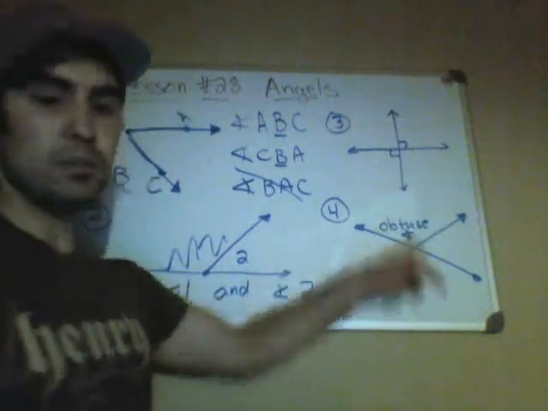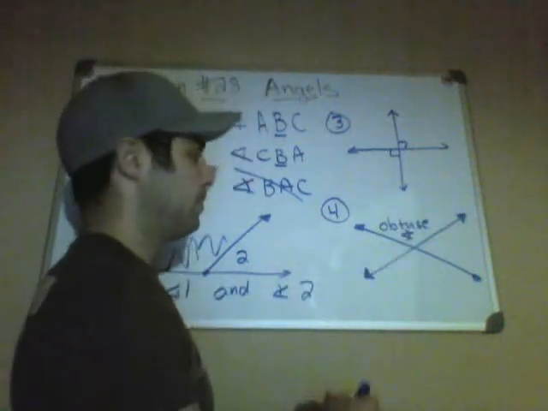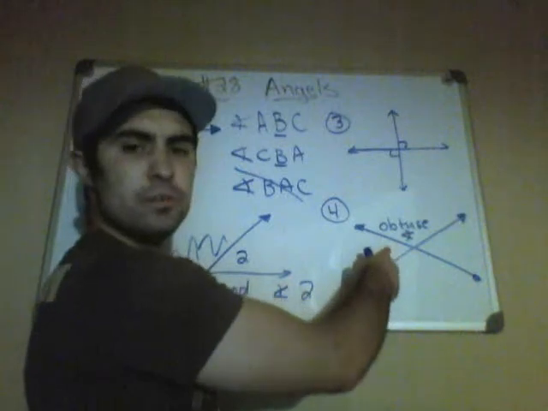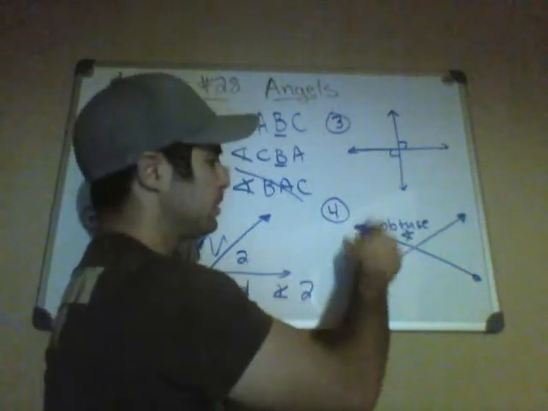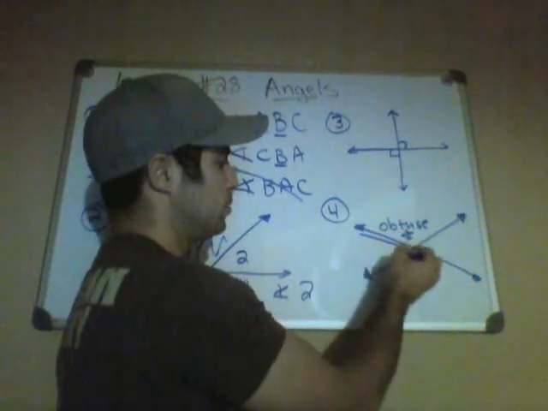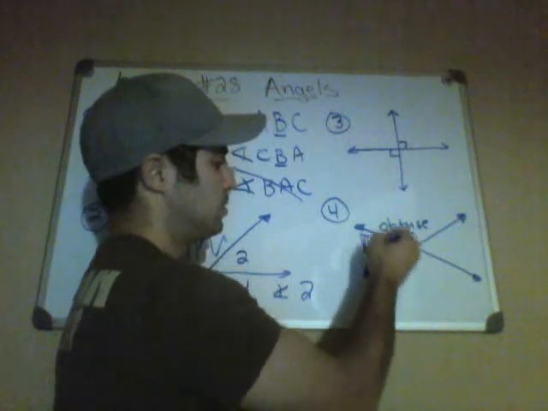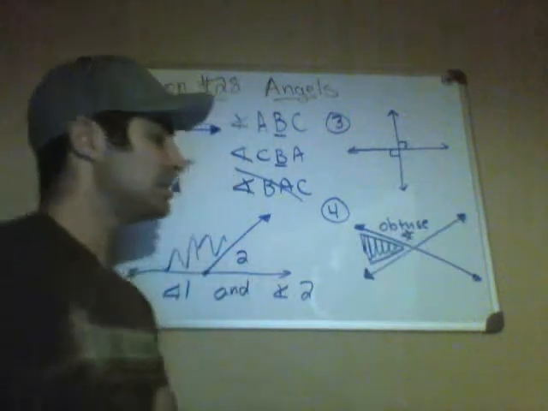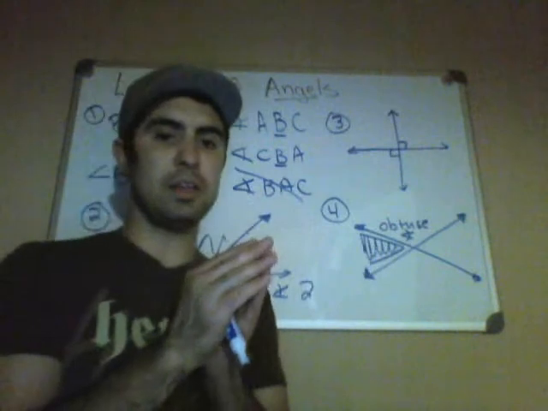Remember, that little symbol means angle. Is this an obtuse angle? If you looked at all this area right here, you would see that it's smaller than 90 degrees.